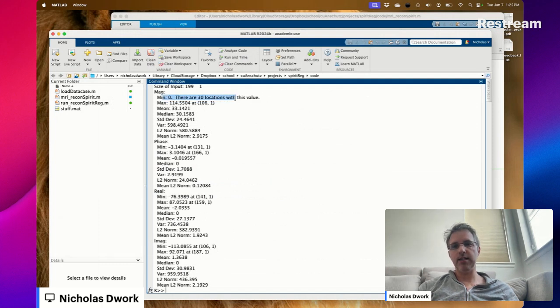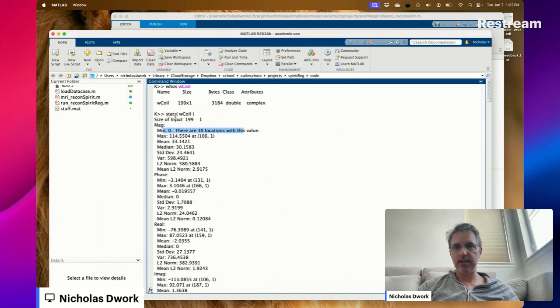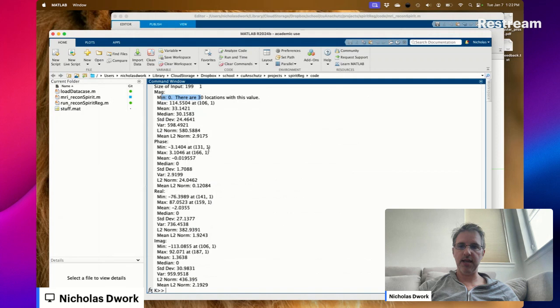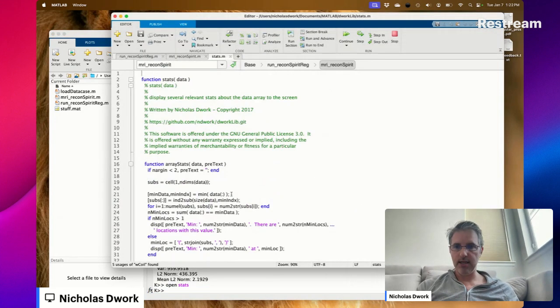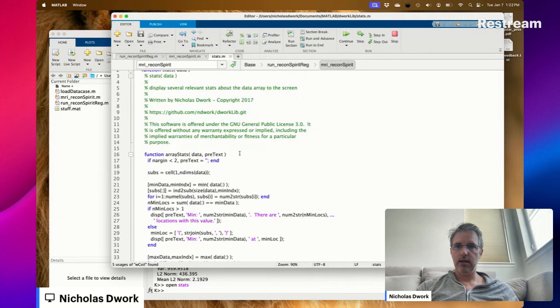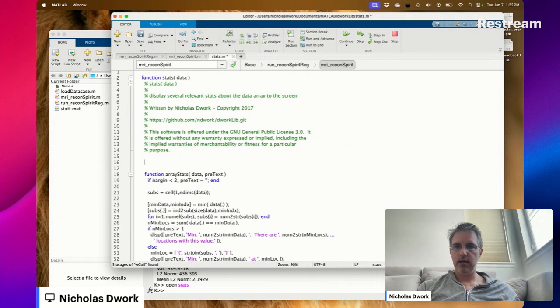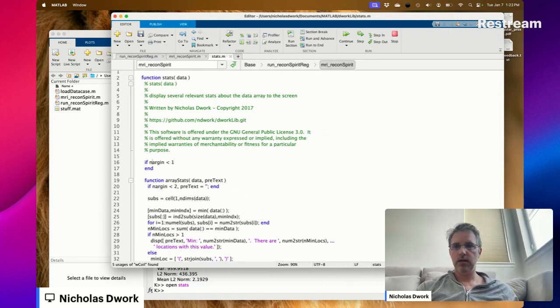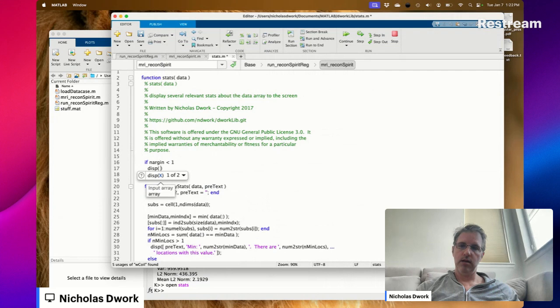Oh, I see, but I didn't actually write it. So I created this function stats. And I don't write which locations have the minimum value if there are more than one location, apparently. Open stats. Let's change stats. Let's add some usage in as long as we're here.